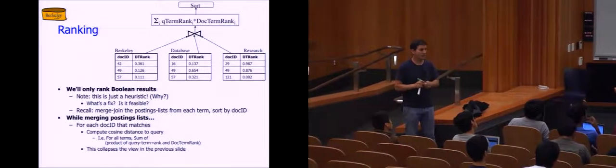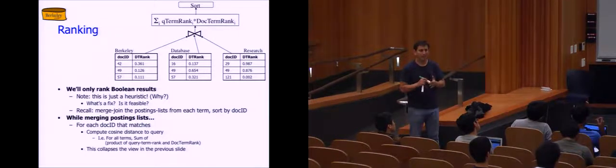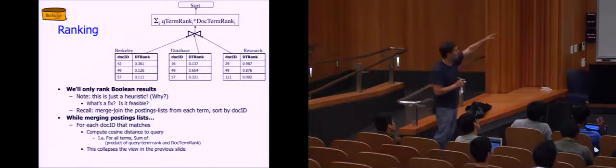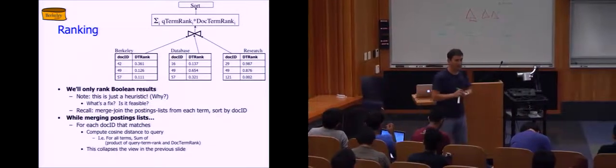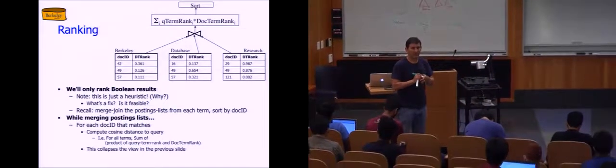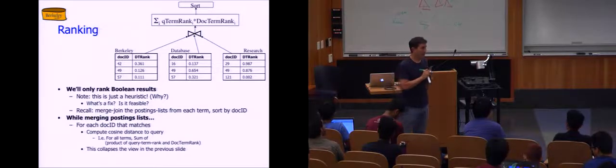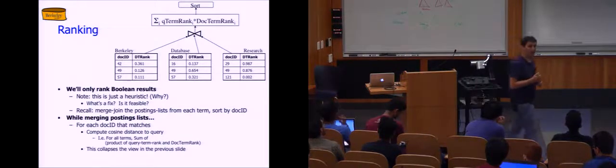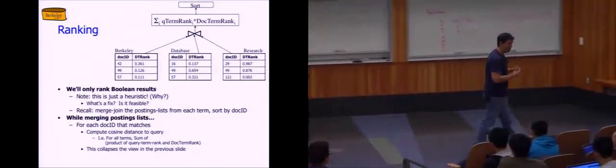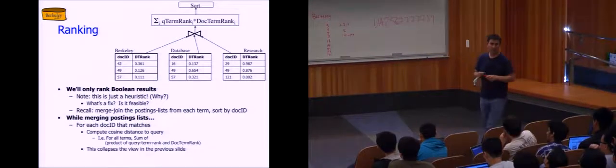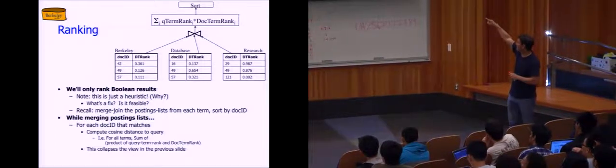Why is this just a heuristic? This query plan right here is not actually computing the true TF-IDF ranking. Why not? Can anybody think of a scenario where there's a better document than one that this query plan would give?